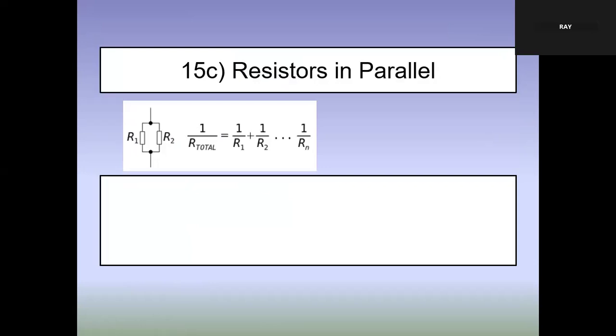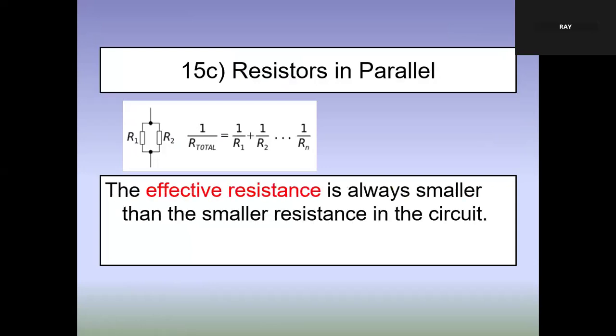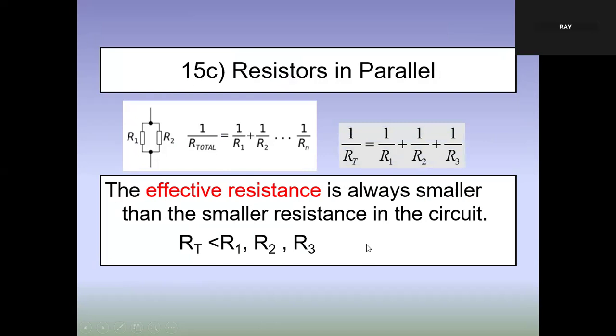For resistors in parallel, the effective resistance or combined resistance is always smaller than the smallest resistance in the circuit. It means that RT is always less than the smallest value among R1, R2, R3.